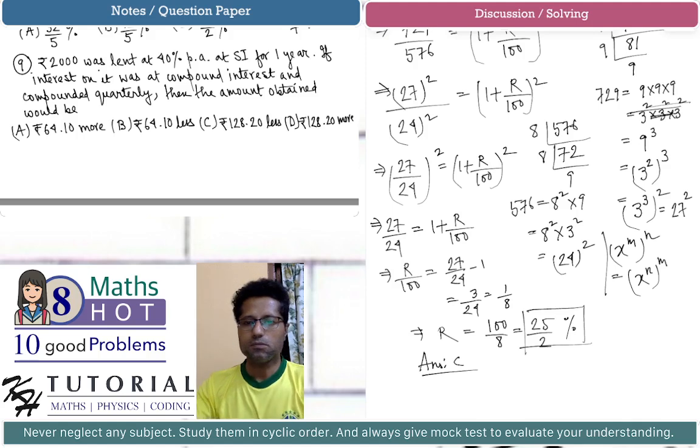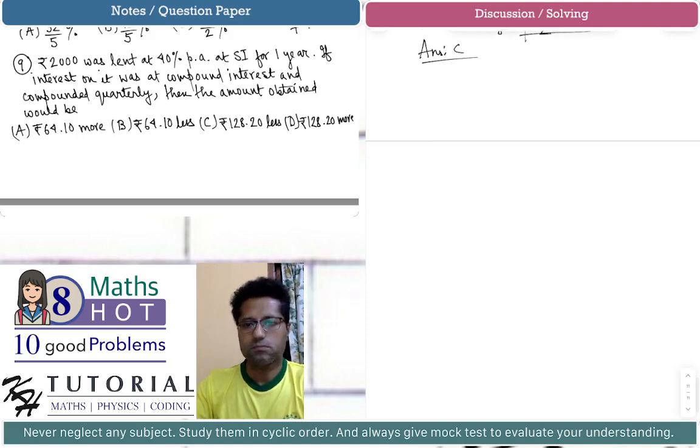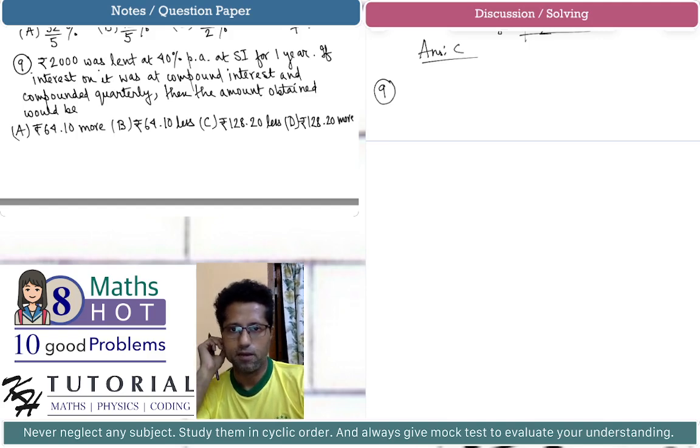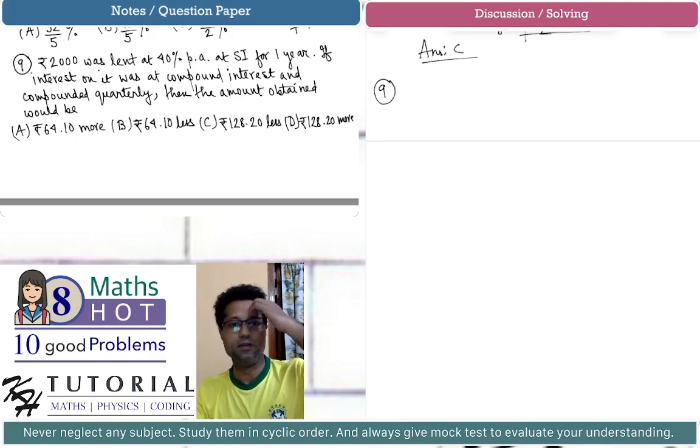Let's do question number 9. Rupees 2000 was lent at 40% per annum at simple interest for 1 year. If interest on it was at compound interest and compounded quarterly, then the amount obtained would be.